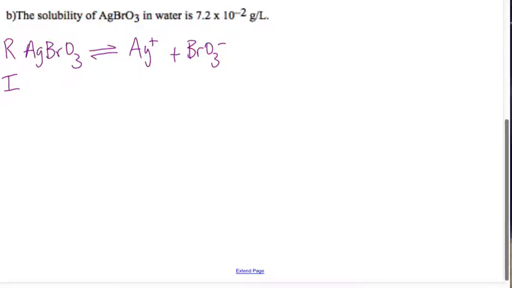How much have you dissolved, right? I know this is a solid, but what would represent how much dissolved? X. X is how much.